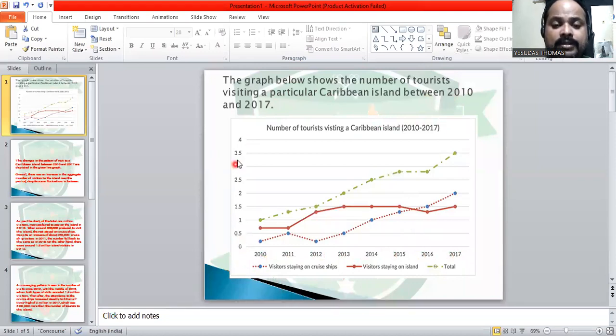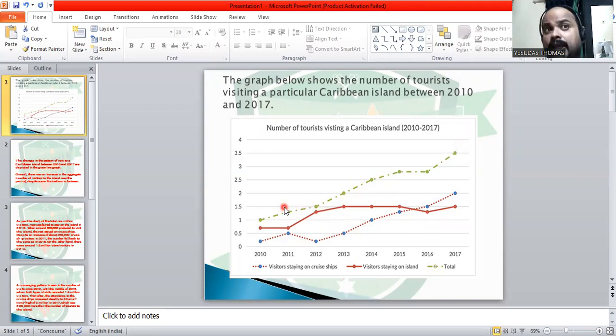And on this axis, you have the vertical axis shown as the number of visitors in millions. And we have the green dotted line graph represents the total number of visitors to the island, whether they came by cruise or whether they stayed in the ship.